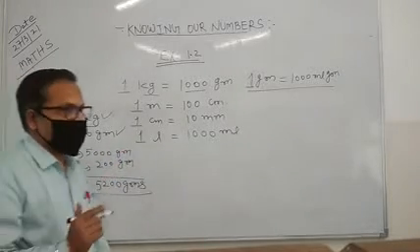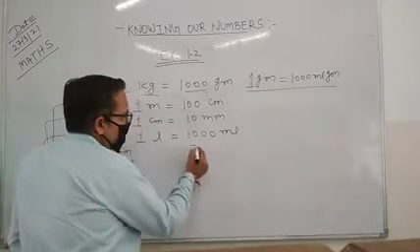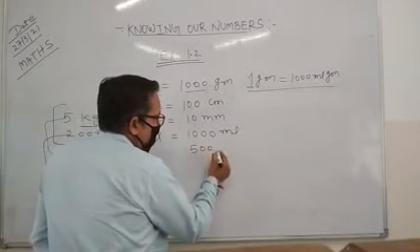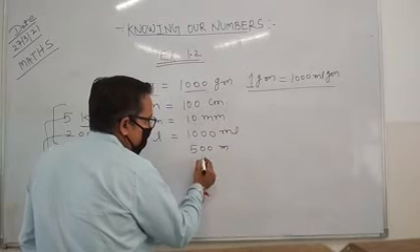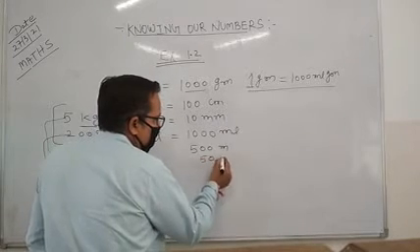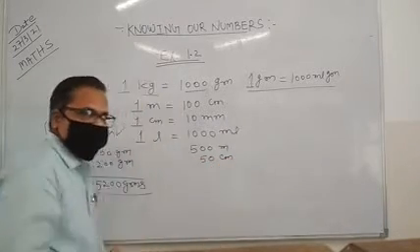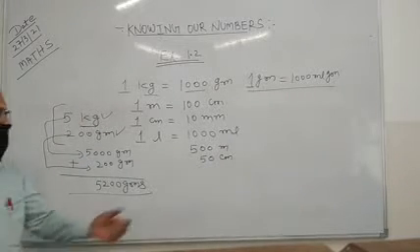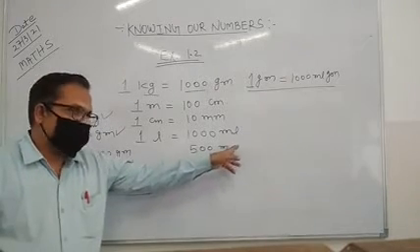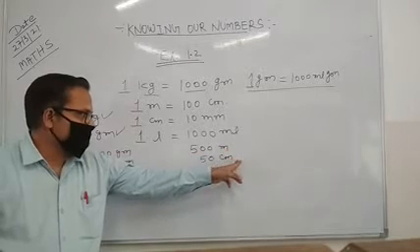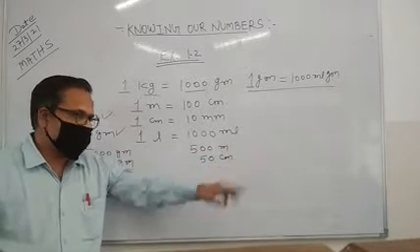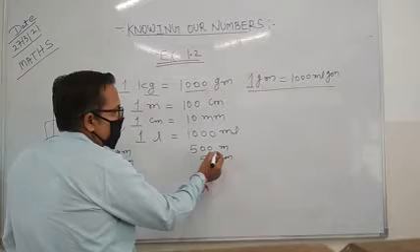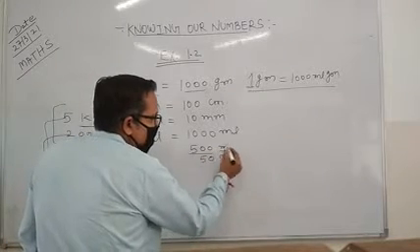For example, if you are given the values 500 meters and another is 50 centimeters, can you add them very easily? The answer is no. So what will we do? We will convert meters into centimeters or centimeters into meters. I will convert this meter into centimeters.